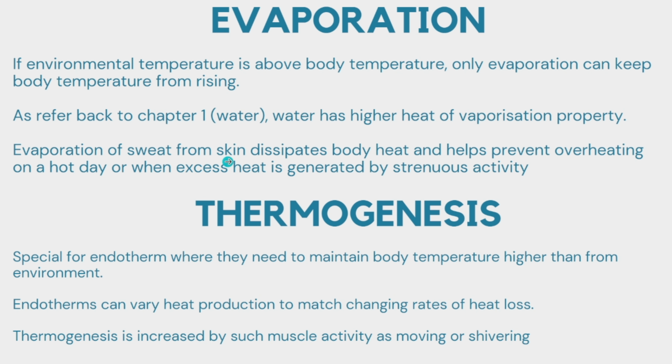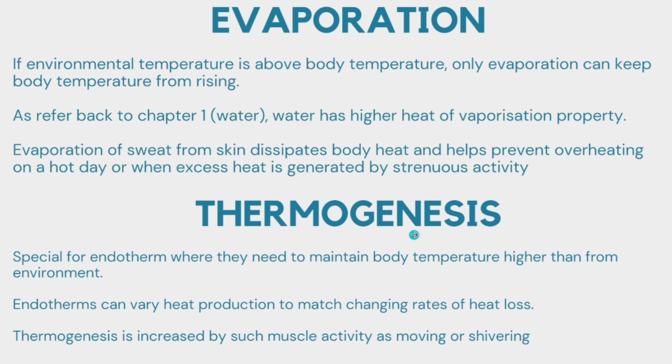So evaporation of sweat from the skin can prevent overheating on a hot day, when excess heat is generated by strenuous activity. Even if you are in a hot day, or doing vigorous exercise, you will sweat a lot. The water is able to absorb the heat when it evaporates, so the heat is carried away from the skin and respiratory surface with the water vapor. So this is what we call evaporation.